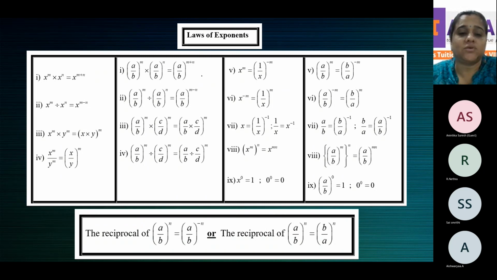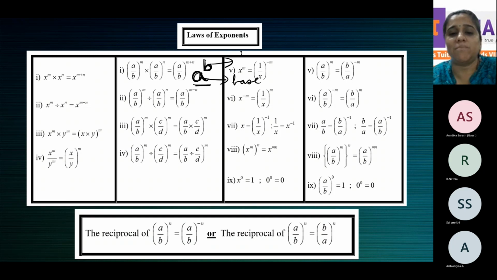So how do we read this expression? This is read as a raised to the power b or simply a to the power b, where a is called the base and b is called the power, exponent or index.